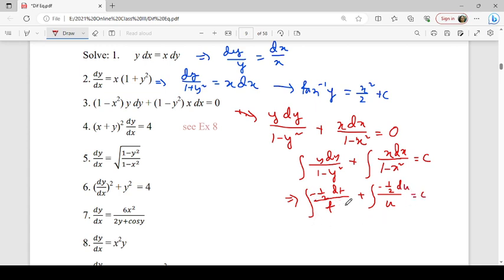Then minus half you can take out, so we write this as the integration of dt by t plus the integration of du by u is equal to, because minus half is constant, you take it to the right hand side and you will get another constant.